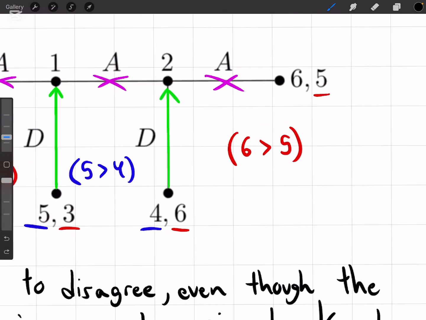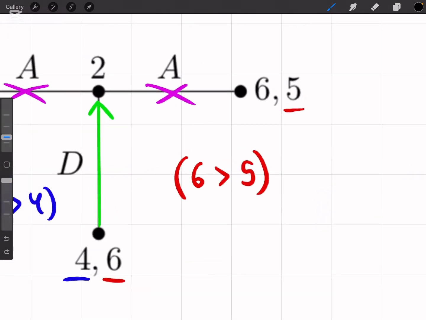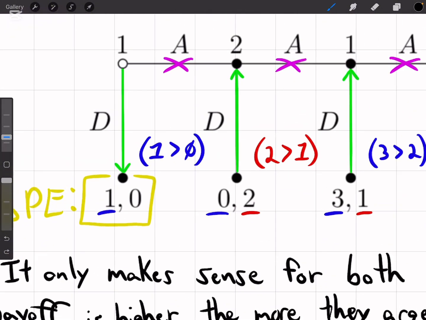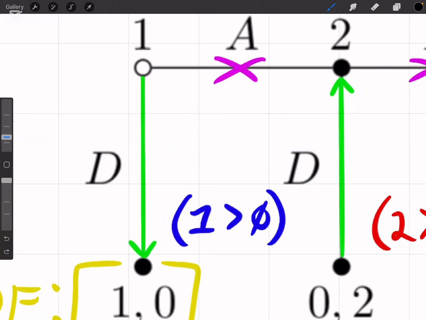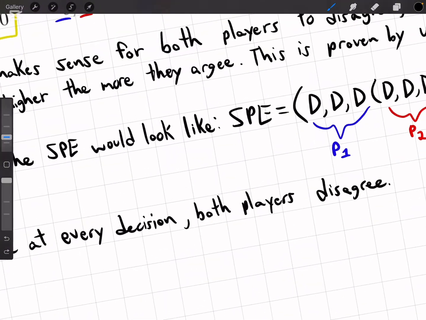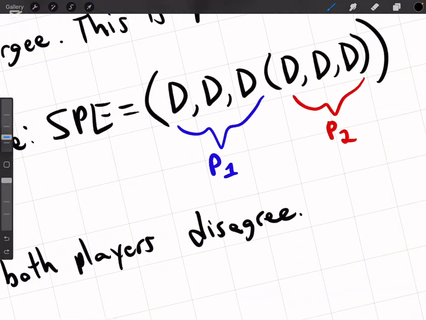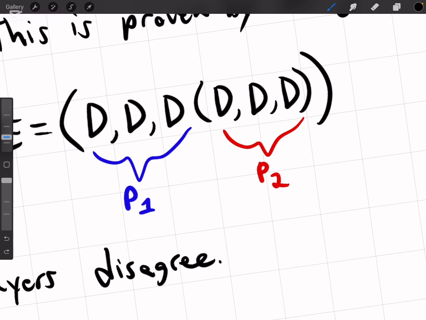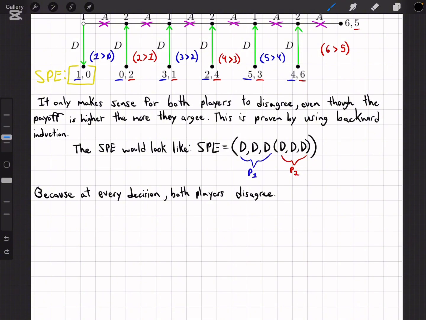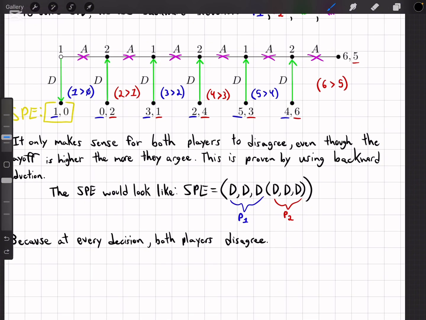We worked backward from the final decision, and we worked our way back all the way to the dot that's not colored in, which is the starting point. So then this is what the SPE would look like, where both players are just disagreeing, because at every decision, both players disagree. And there we have it.